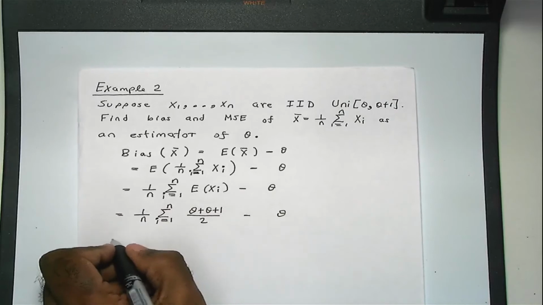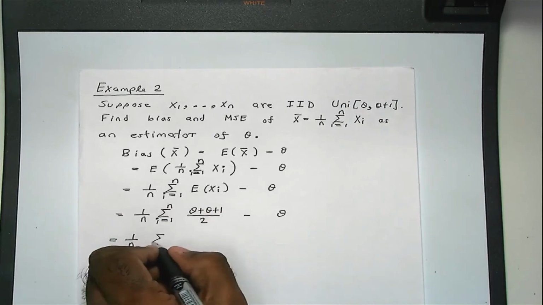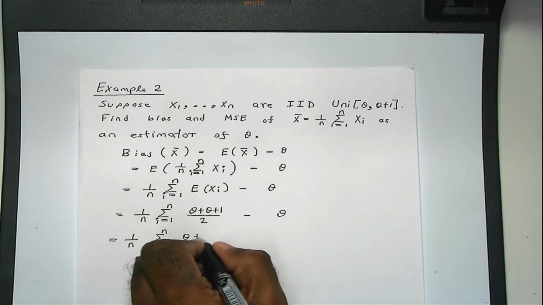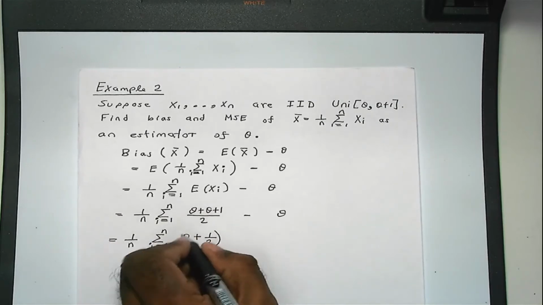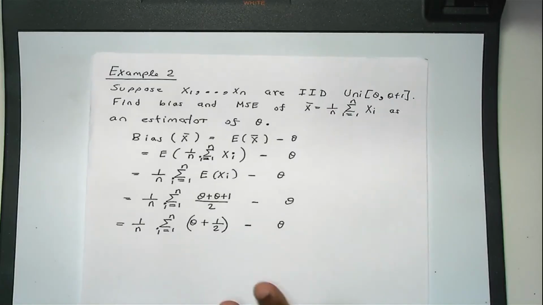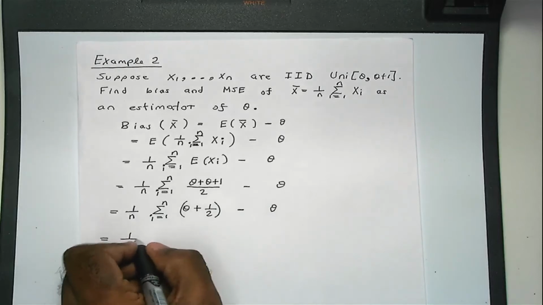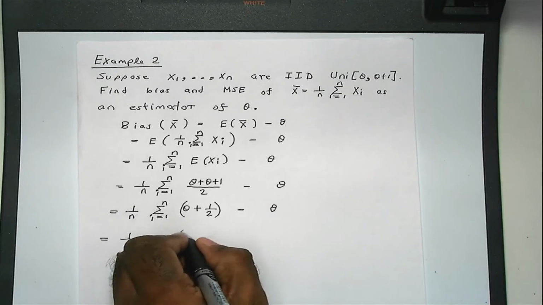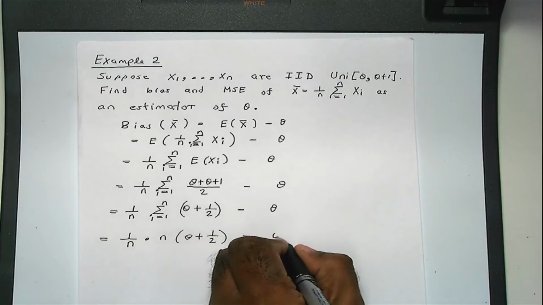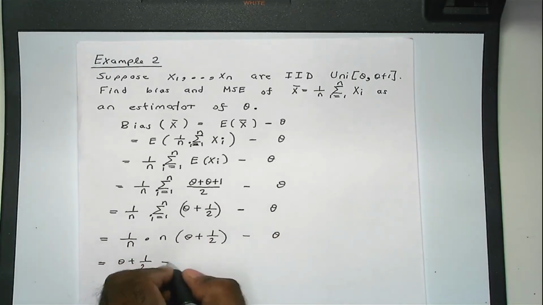So this becomes 1 over n times n times theta plus a half, minus theta, which is theta plus a half minus theta, which is equal to half.